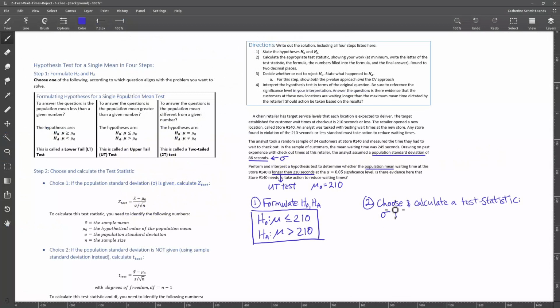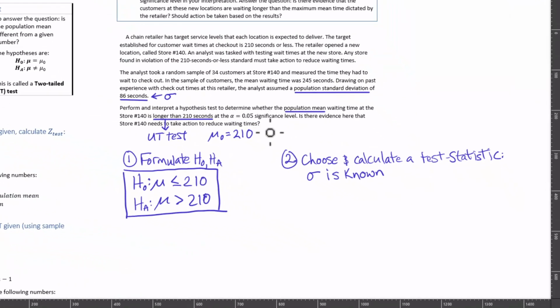Population standard deviation was given, so we say sigma is known, because sigma is the notation for population standard deviation. It's known to be 86 seconds in this problem. So sigma equals 86. Sigma is known, so use z-test.